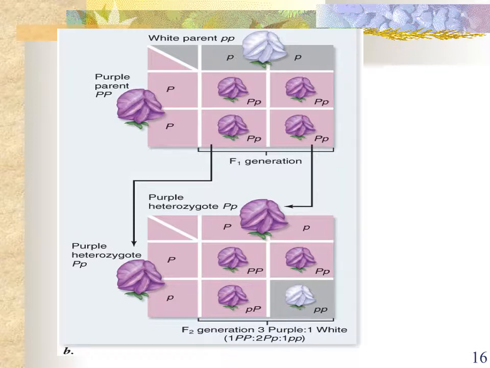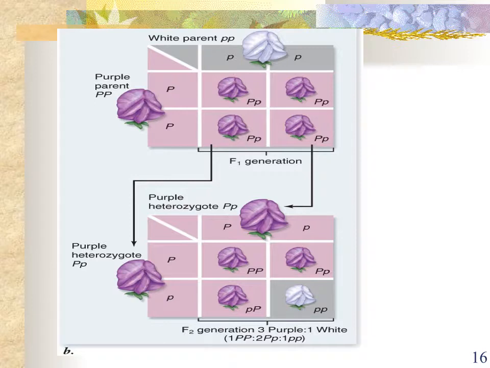So on top there you have a white parent, and it's true breeding, so it has 2 recessive copies of the gene, which are shown as small p's. The true-breeding purple parent has 2 copies of the dominant allele for purple flower color, shown as a large P. And then you carry those across and down to show the possible genotypes.